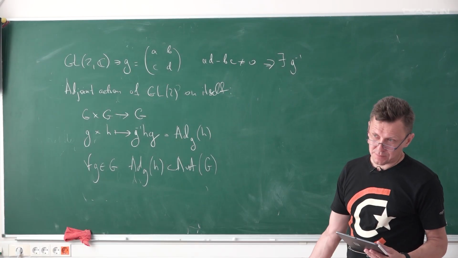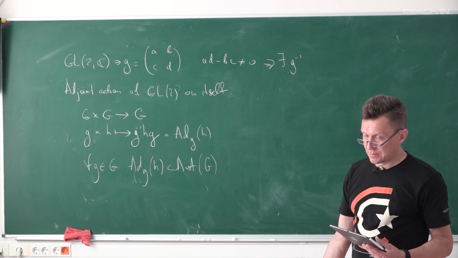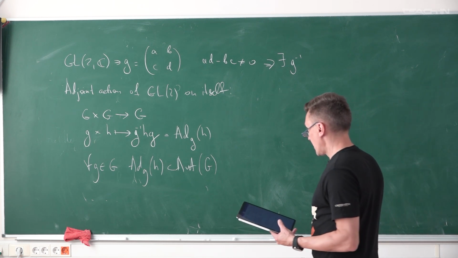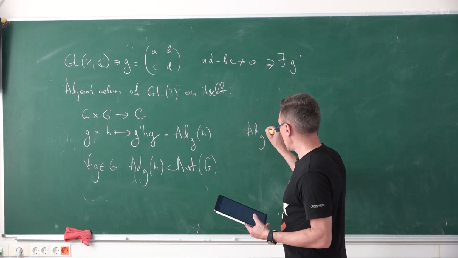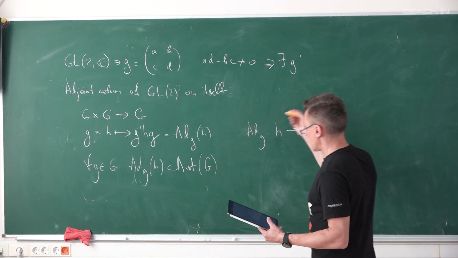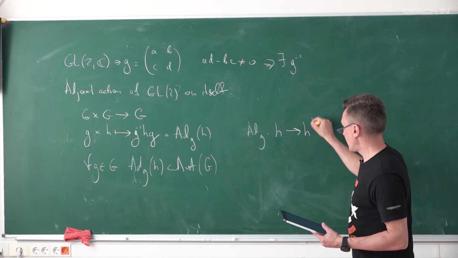We just have to consider H and some other element. Adjoint G maps H to H prime.